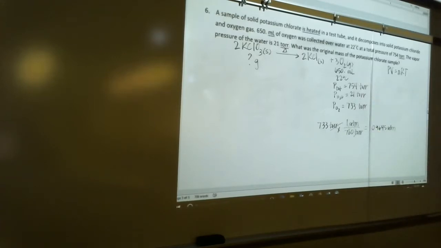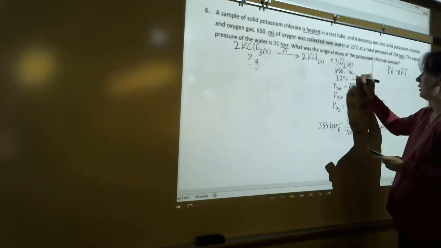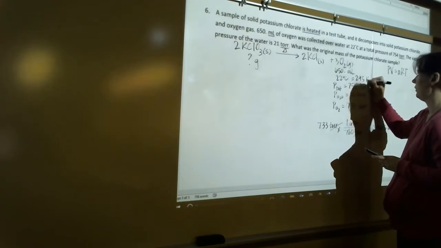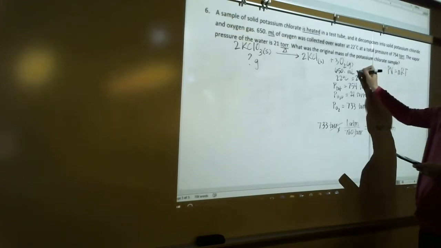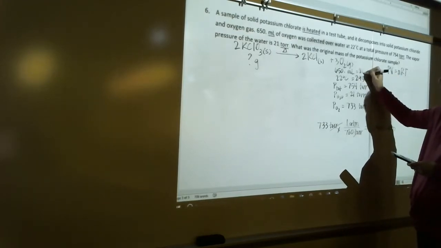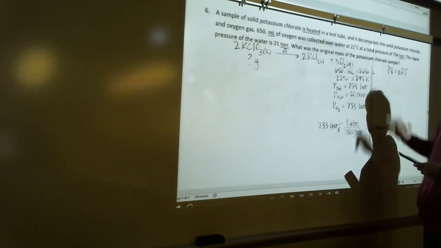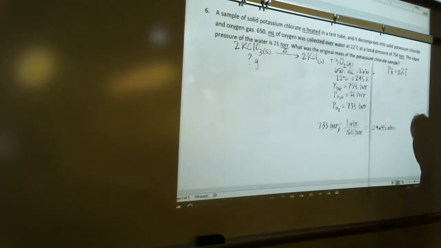What do I have to do? Add 273, right? So that's 295 Kelvin. And can I keep milliliters as my volume? Convert to liters. So what is that in liters? Right, 0.650 liters. Now I'm ready to go, right?